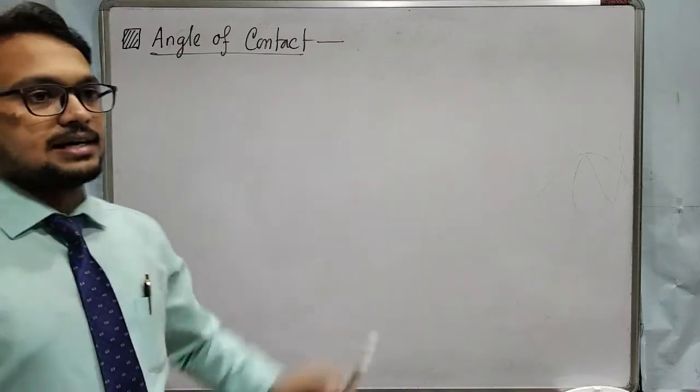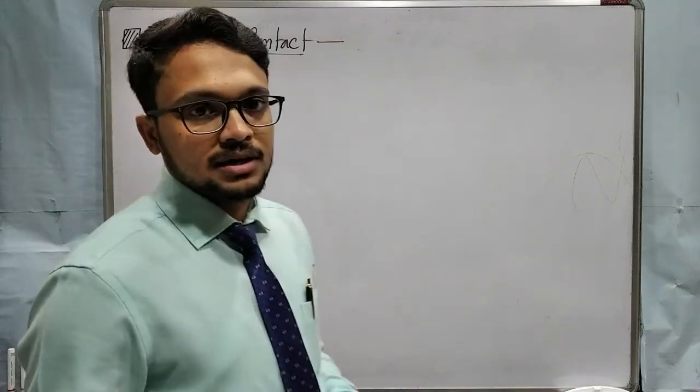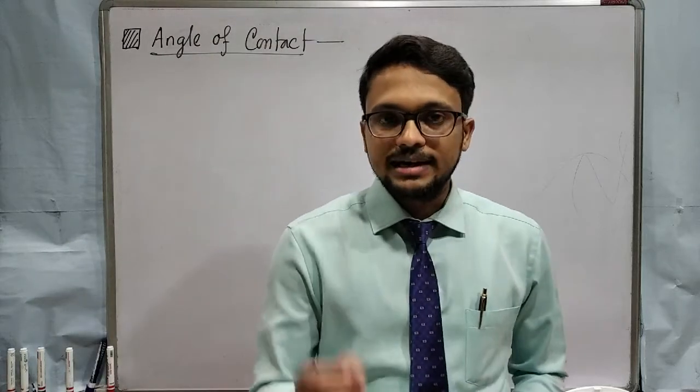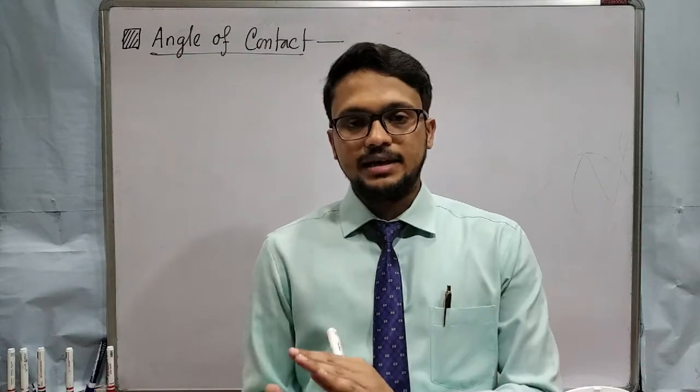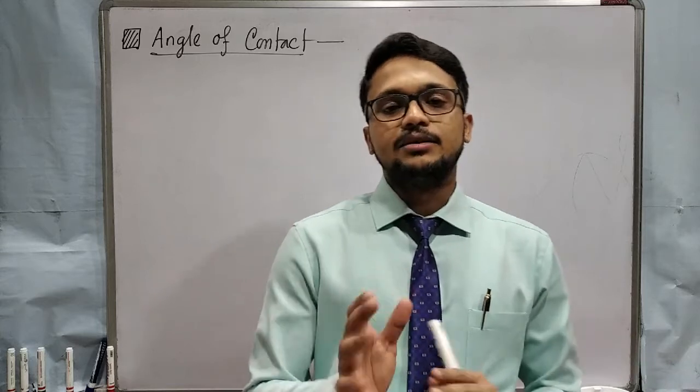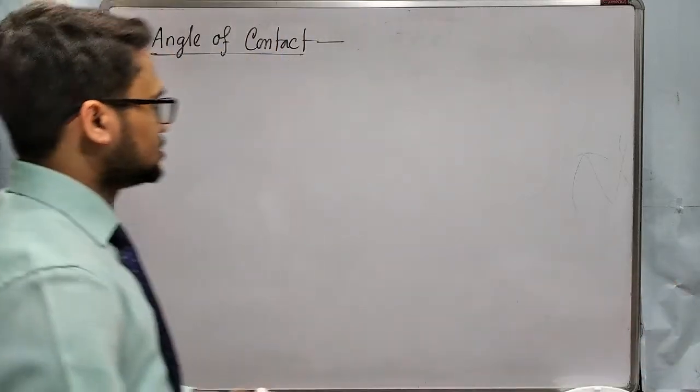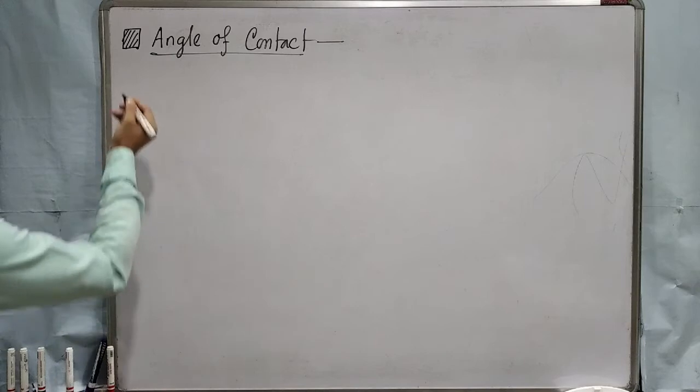Angle of contact is basically defined for liquid and solid in contact. A liquid and solid in contact, then we can define angle of contact. So how can we define it?